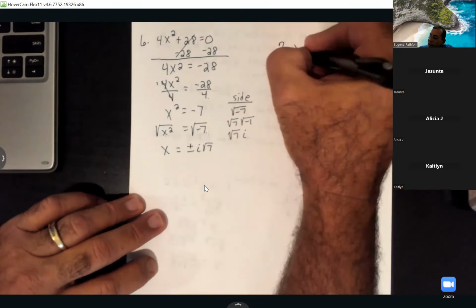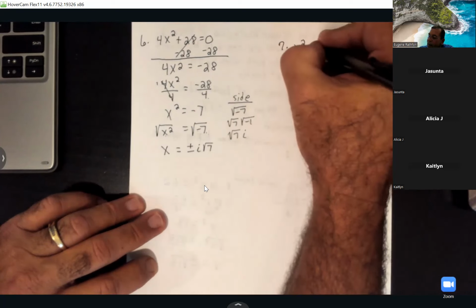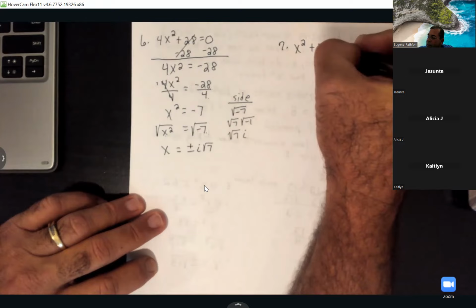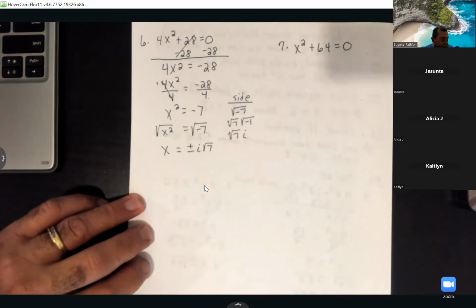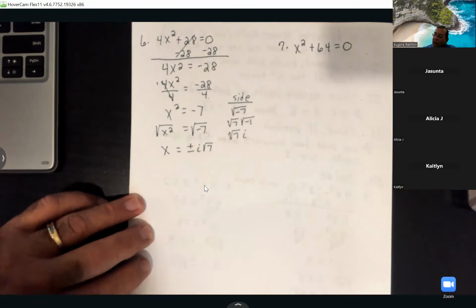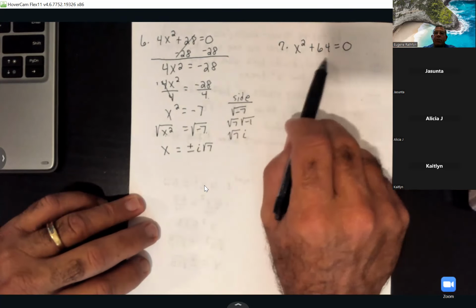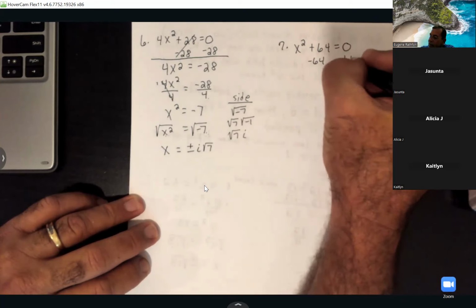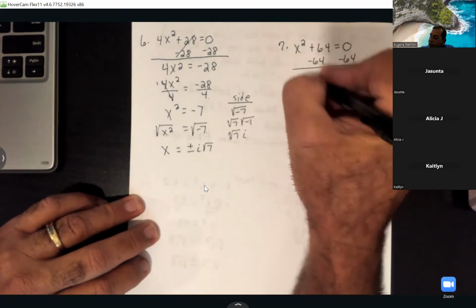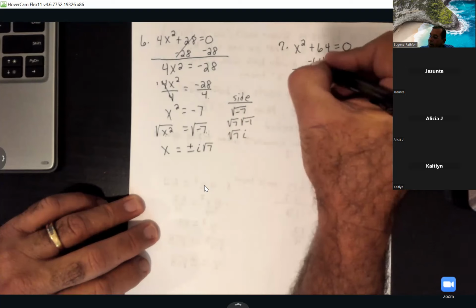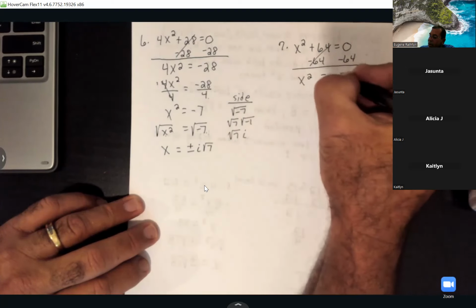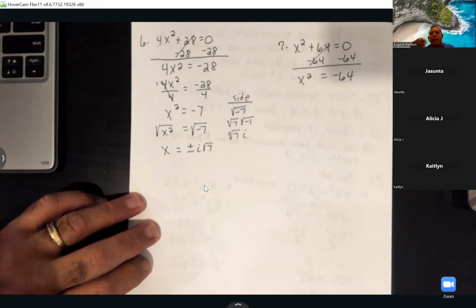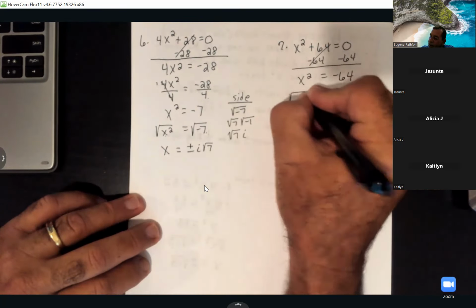All right, y'all. x squared plus 64 equals 0. All right, so on this one, I'm just going to subtract 64 from both sides. And look at that. I get my x squared. That cancels. And that's going to equal that negative 64. Now we're going to do our square roots.